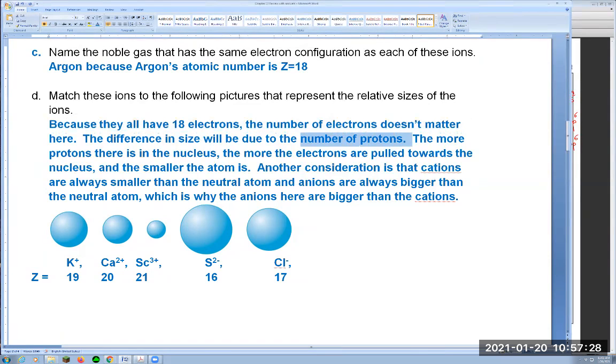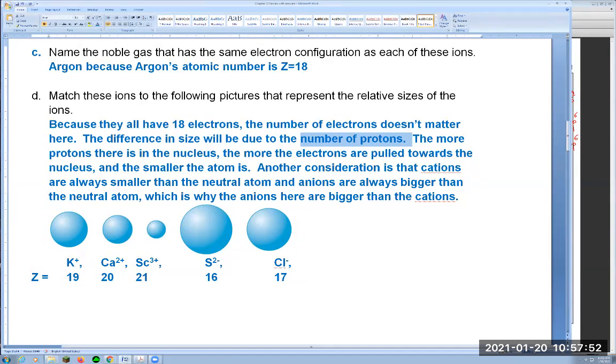The more protons there are in the nucleus, the more electrons are pulled towards the nucleus, because remember, protons are positively charged, electrons are negatively charged, so they are attracted. And the more protons there are in the nucleus, the stronger the attraction is. And so it pulls the electrons inward towards the nucleus when you have more protons in the nucleus.